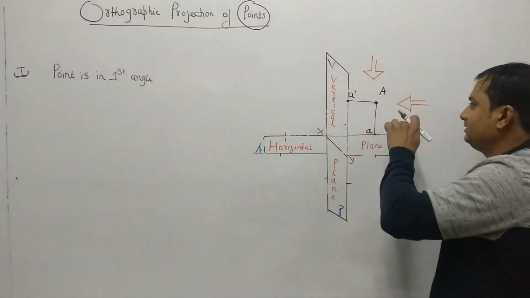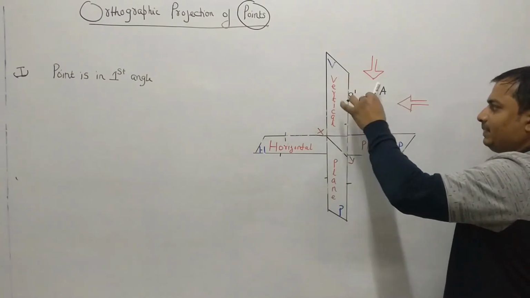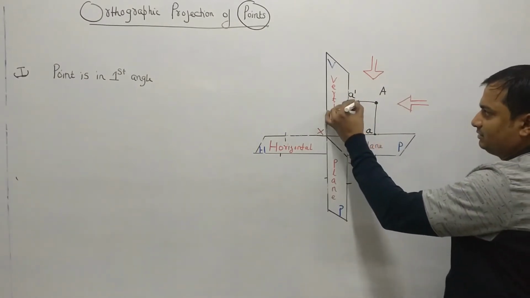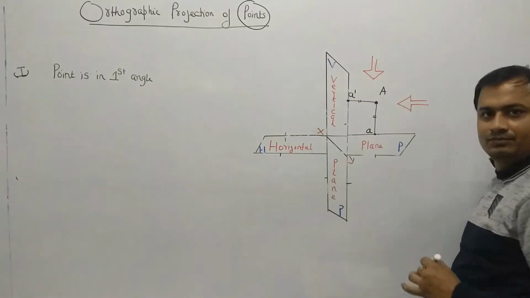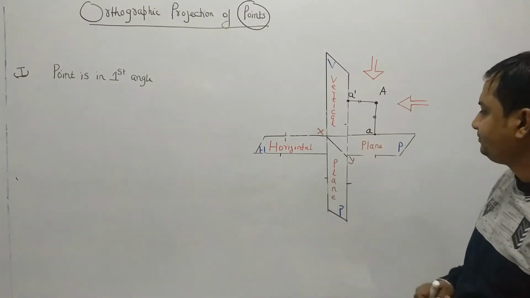See here, from here, this is the front view. So this is on the vertical plane. This is the top view, and these are the projectors. So the front view is on VP and the top view is on HP.